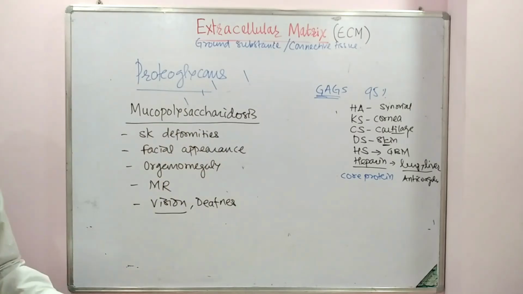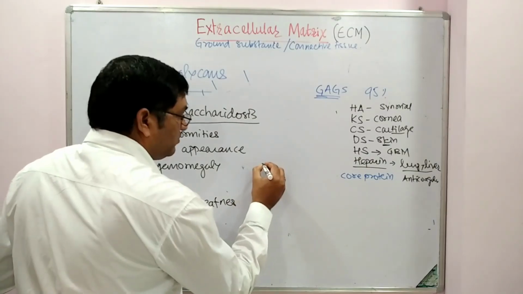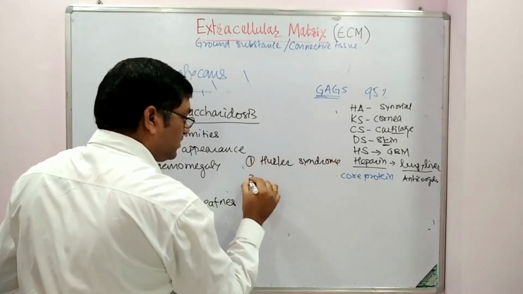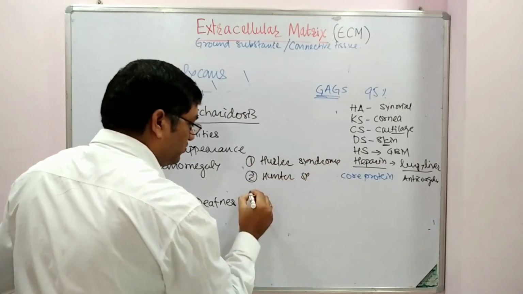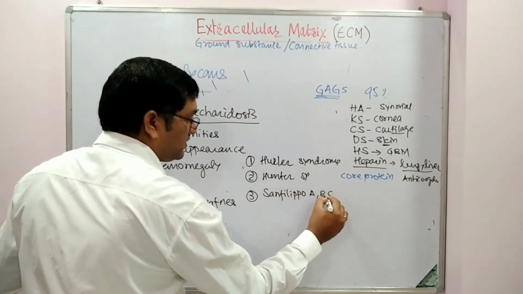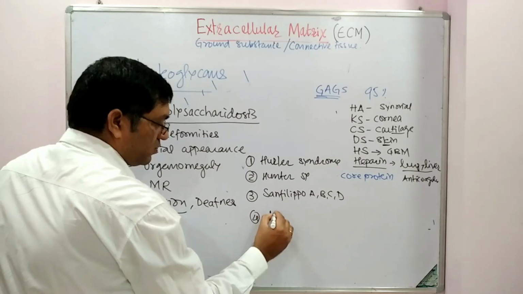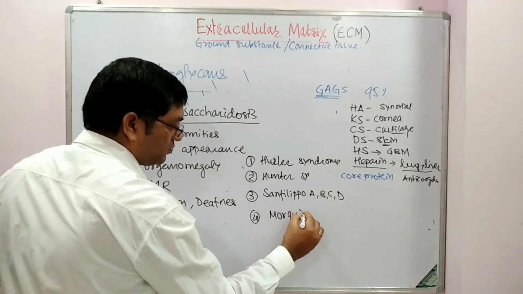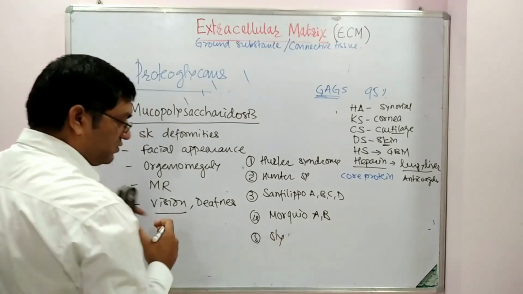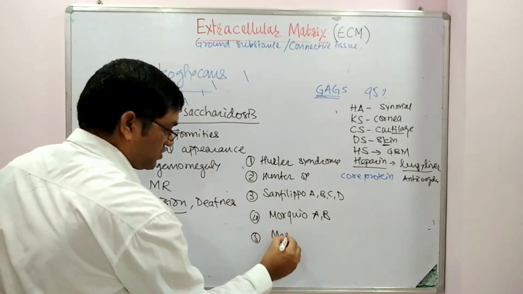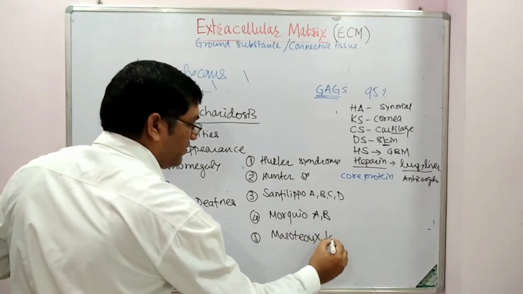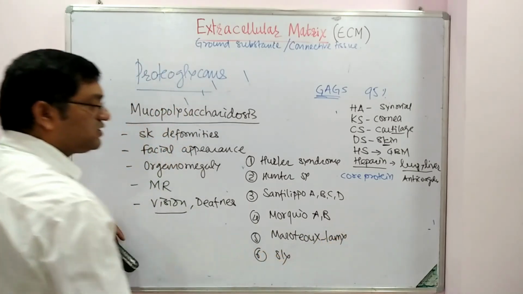The various disorders are Hurler syndrome first, second Hunter syndrome, third Sanfilippo with 4 types, A, B, C and D, fourth Morquio syndrome, A and B, then Maroteaux-Lamy and Sly syndrome.